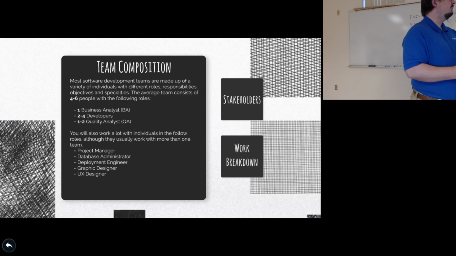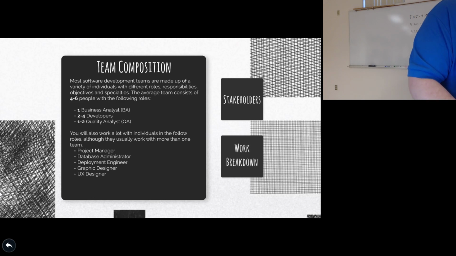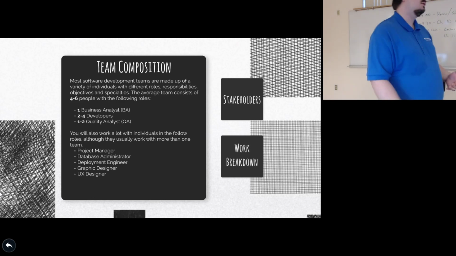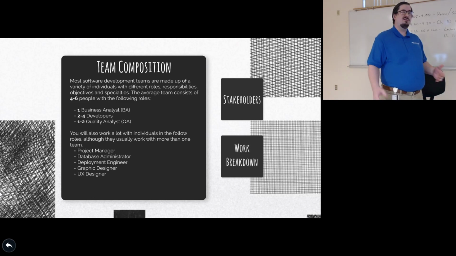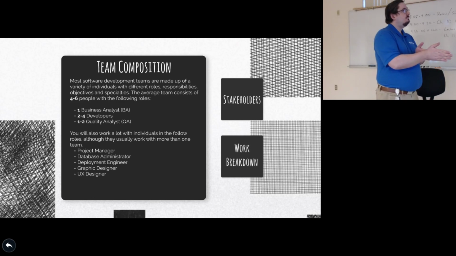So generally the way that breaks out, you'll have one business analyst, which is going to be the person that's basically talking to the business and figuring out what the requirements are. What does the business actually want you to build? They're sort of a managerial role, not exactly, but their main goal is to figure out what you're building.